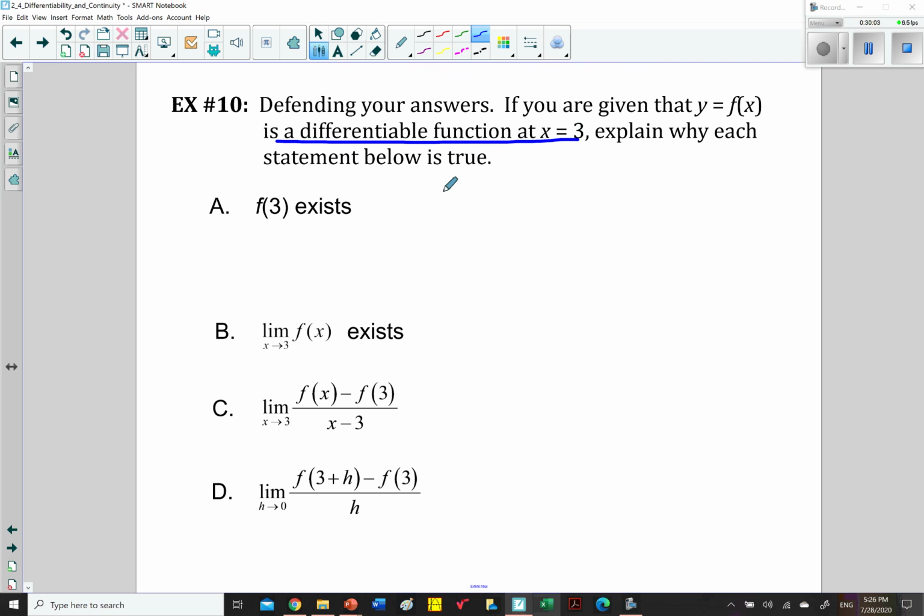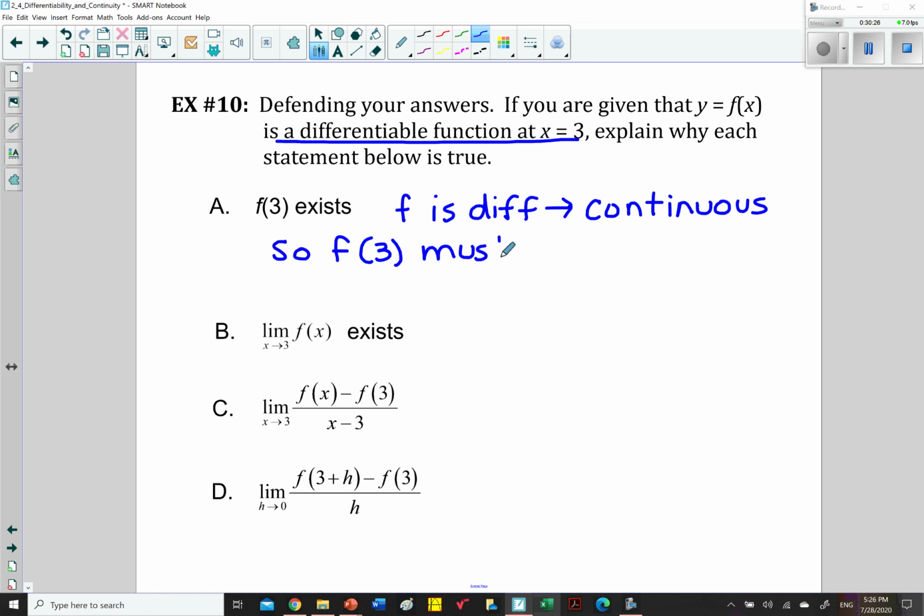If f is differentiable at 3, then f is continuous at 3. So f is differentiable implies that f is continuous. And if f is continuous, then the f of 3 must exist. Now, I would have said it in a lot more writing than this, but you get the idea.